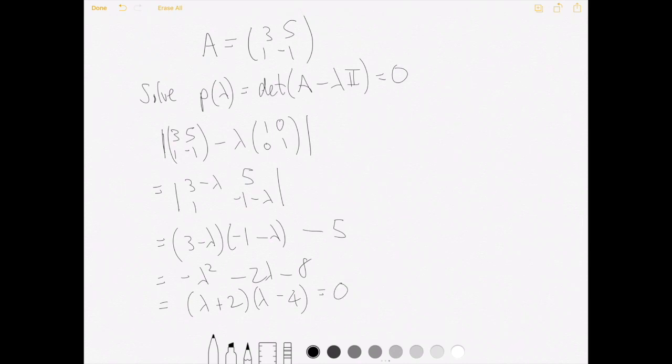So setting that to 0, we see that lambda is either 4 or lambda is minus 2. So the eigenvalues of the matrix 3, 5, 1, minus 1 are 4 and minus 2.